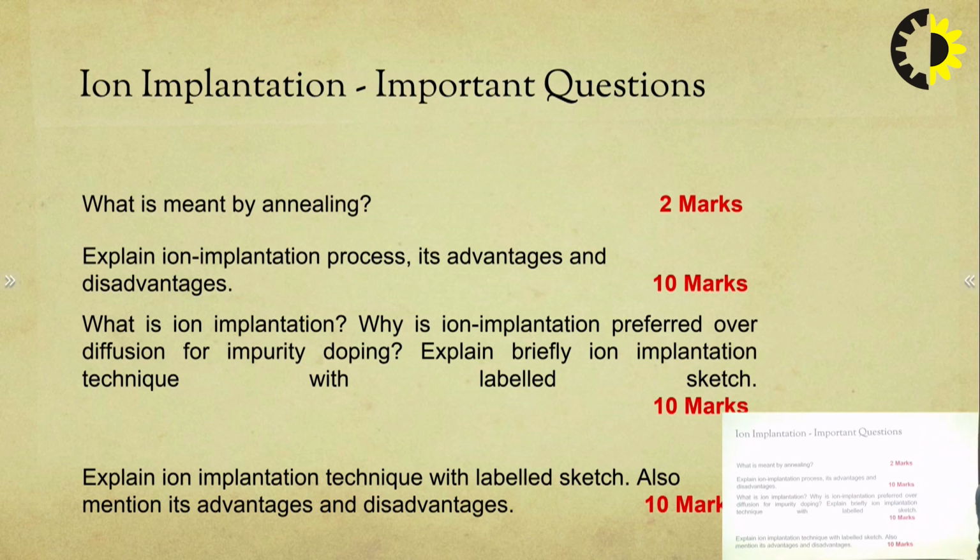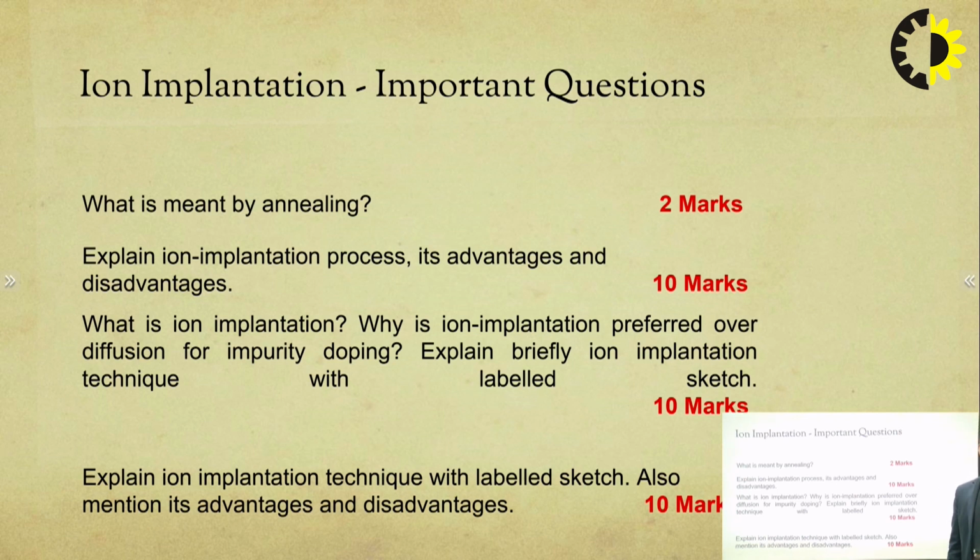Now, there are certain important questions from this topic that have been asked in previous examinations. Kindly have a look over them. What is meant by annealing? Explain the ion implantation process, its advantages and drawbacks. What is ion implantation?